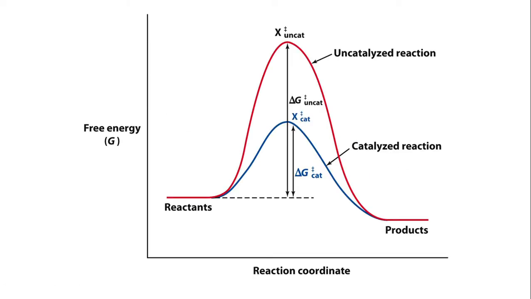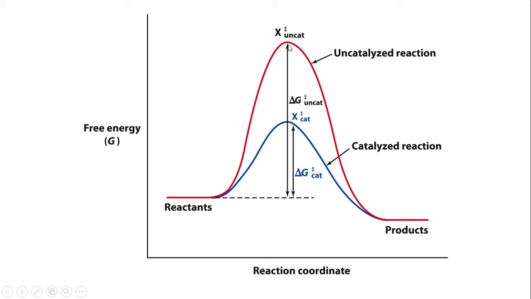So what is the effect of a catalyst on this generic reaction? We are looking at a spontaneous reaction here. Here are reactants, here are our products if we follow this red part of the diagram. So it is spontaneous, but this is the uncatalyzed transition state, and this is the catalyzed transition state.